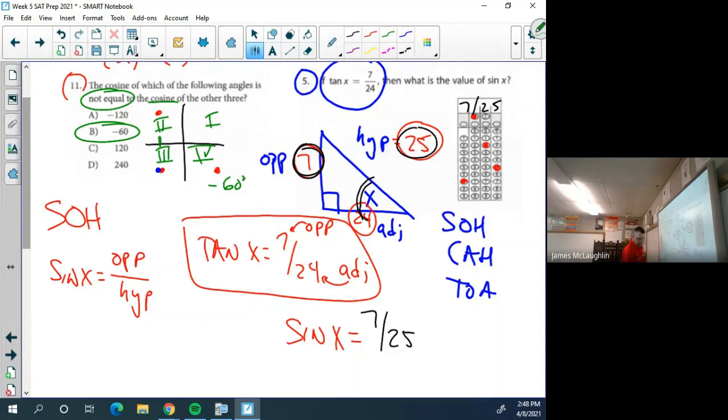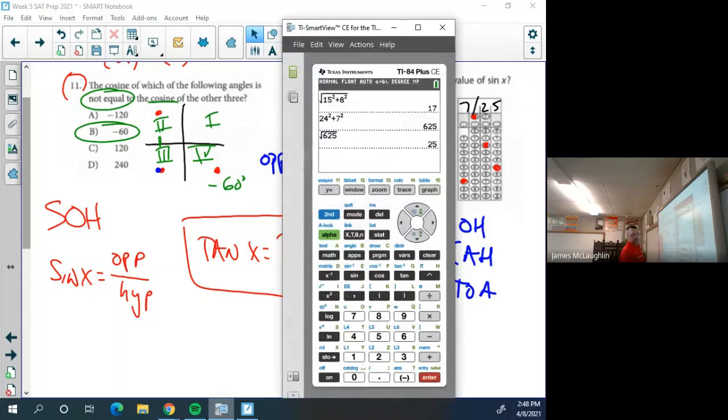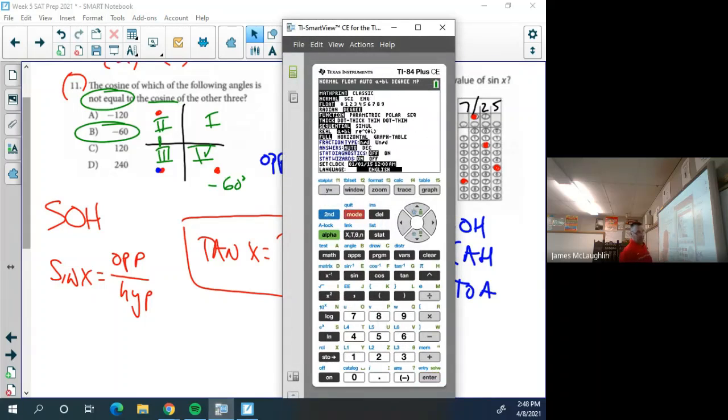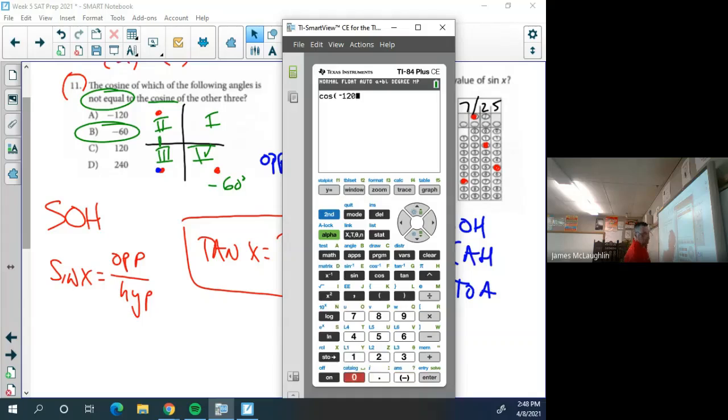You could also do this on your calculator. Again, just for a quick idea, if you take your mode button and you slide down and put it in degrees, and you try these numbers on your calculator. What's the cosine of negative 120? What is the cosine of negative 60?